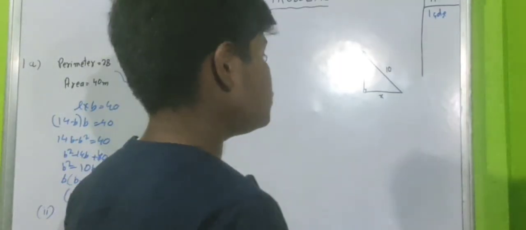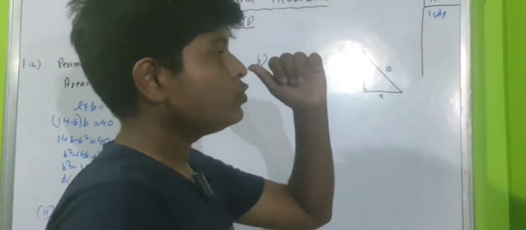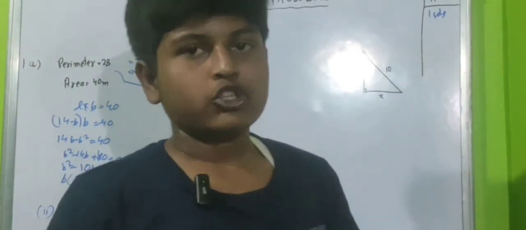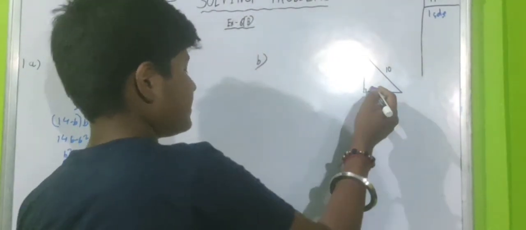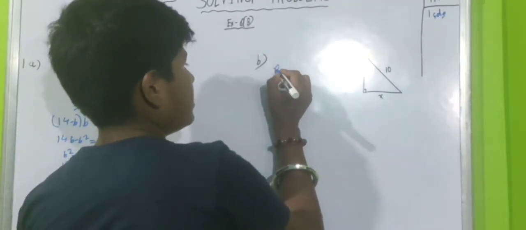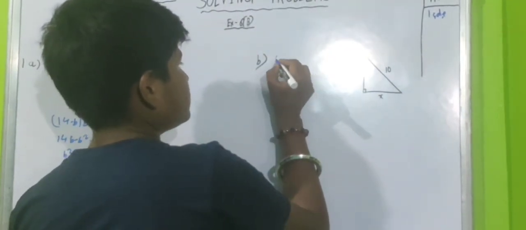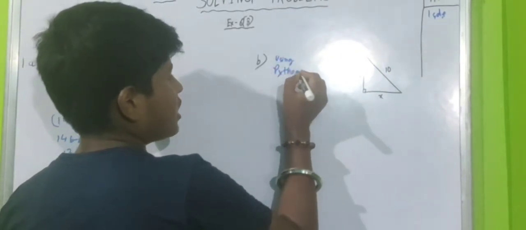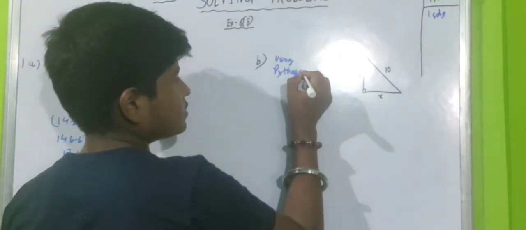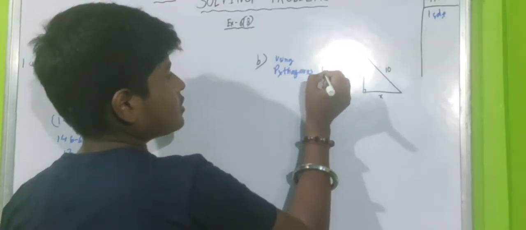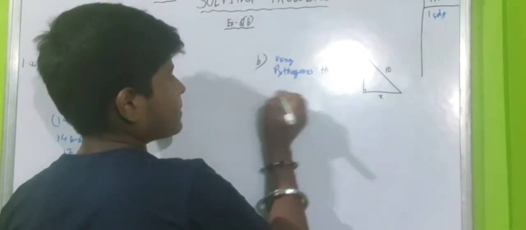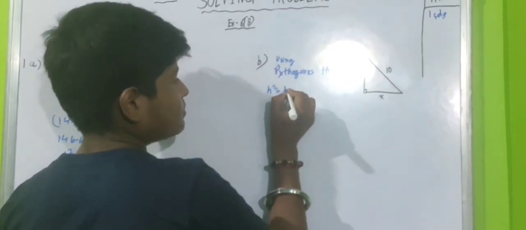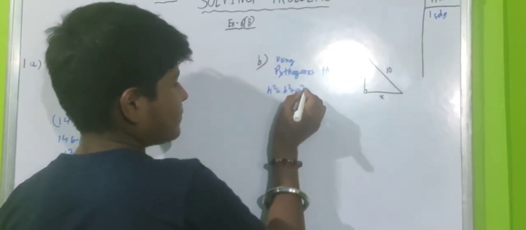Here you have to use a concept of class 9, that is Pythagoras theorem, because here you can see that it is a right-angled triangle. So using Pythagoras theorem, it will be h square is equal to b square plus a square.